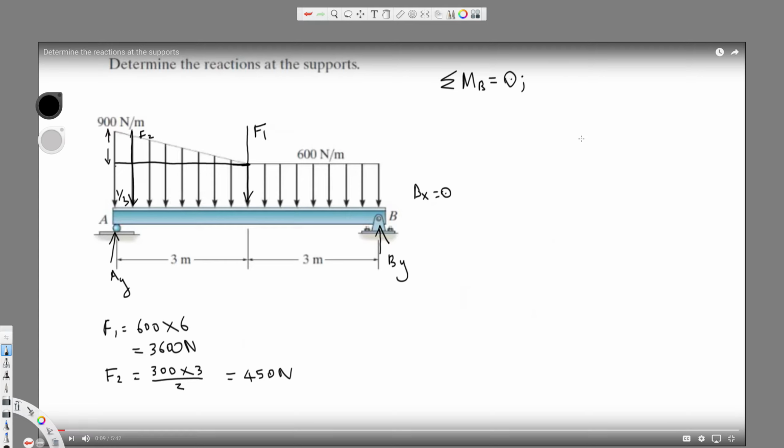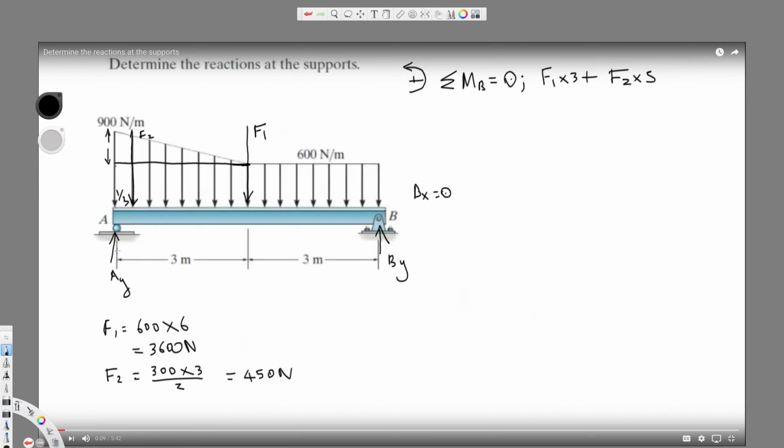F1 is at 3 meter distance, so we can put F1 times 3, and F2 is at 5 meter because of 1/3 of this distance, so it's going to be plus. I'm taking counterclockwise positive. This is pulling this object down, so both are counterclockwise. Therefore both are positive, and this is going to be F2 times 5.